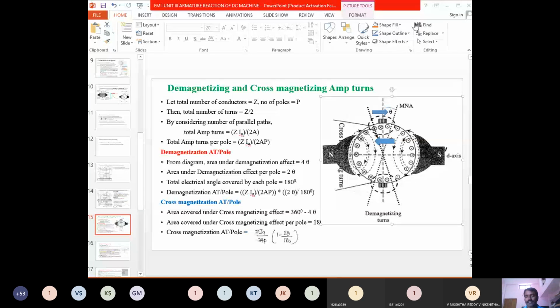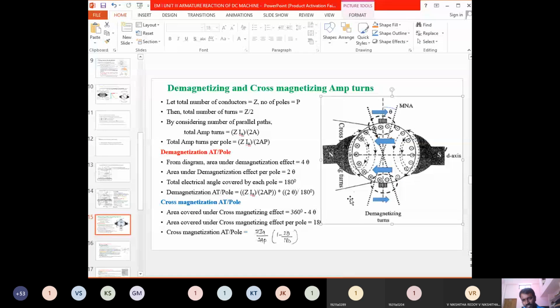Yeah. So again, I'll try to segregate. Don't worry. Okay, you can stop. So as it is flowing in the anti-clockwise direction, here this is the direction of flux, and here this is the direction of this.